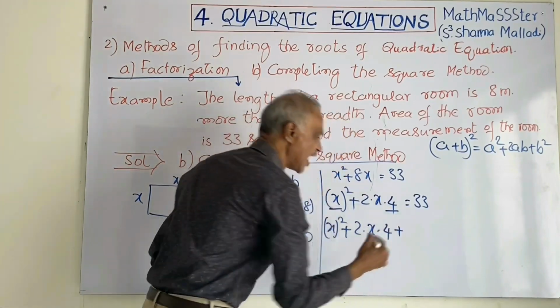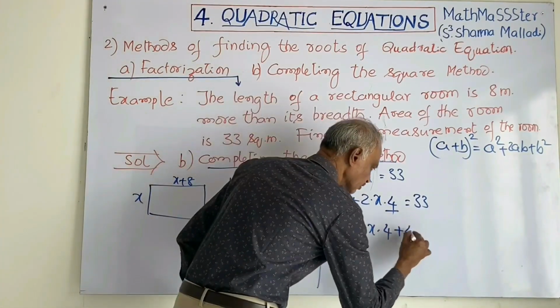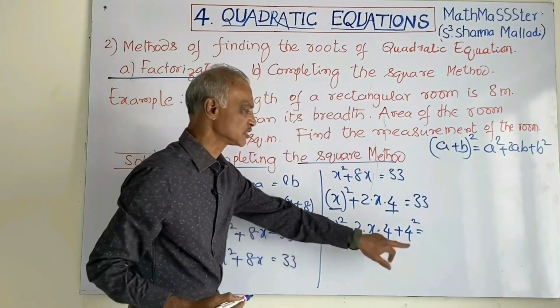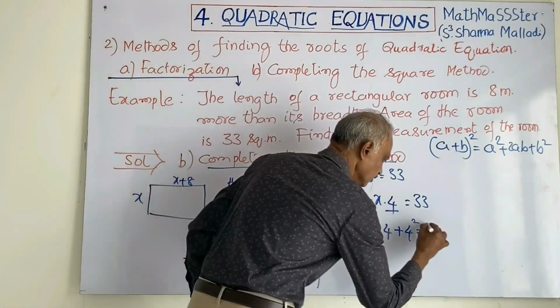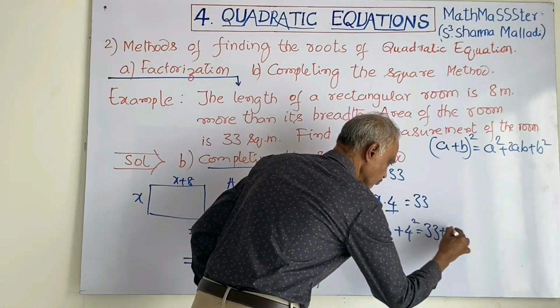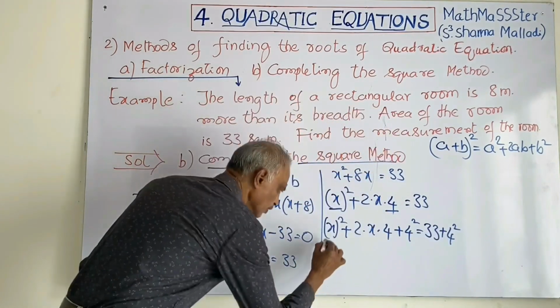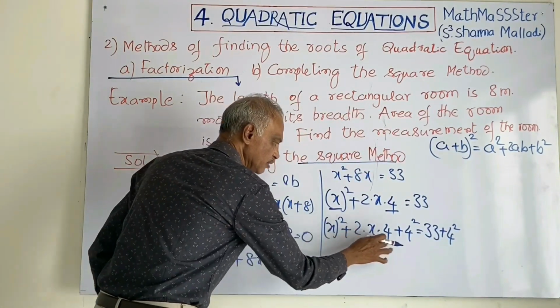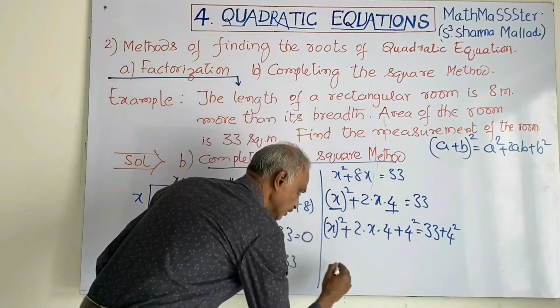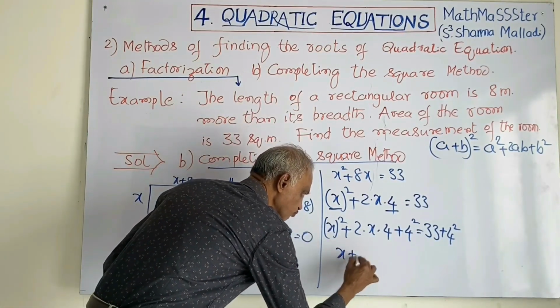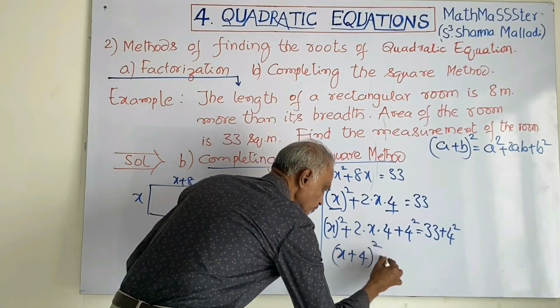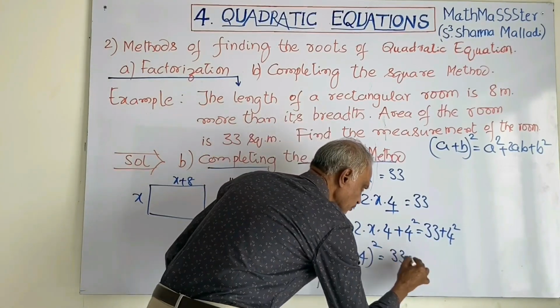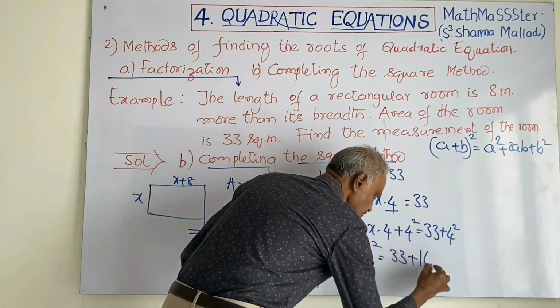We have to add 4 square. If you add 4 square here, we have to add 4 square on the right hand side also. Now a square plus 2ab plus b square can be written as x plus 4 whole square is equal to 33 plus 4 square, means 16.